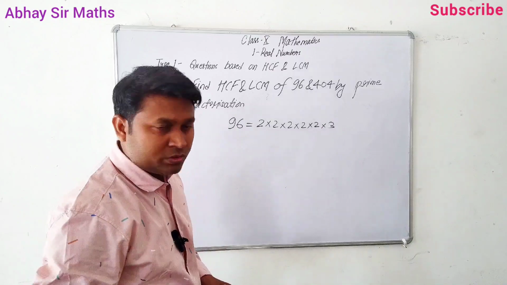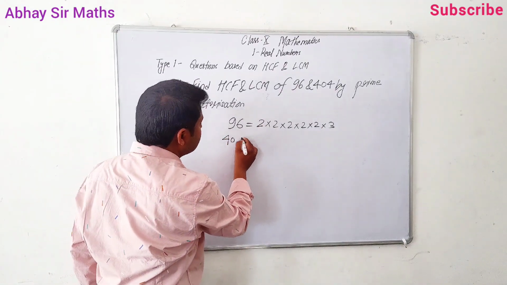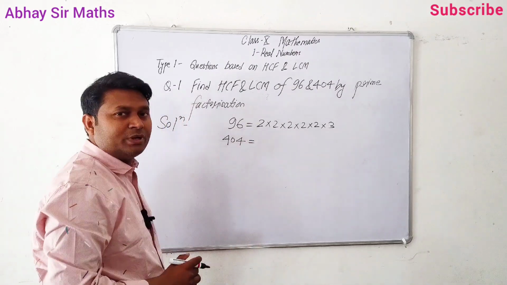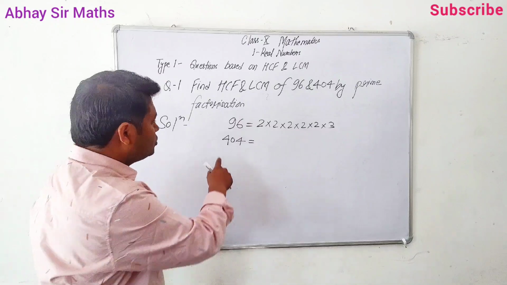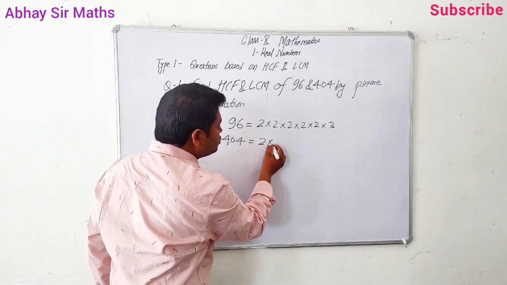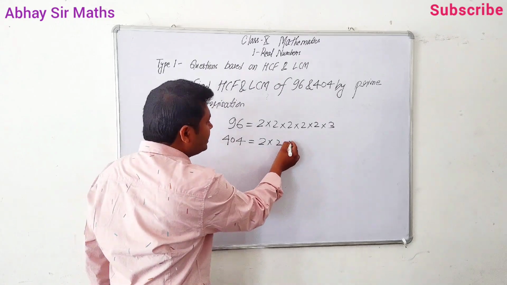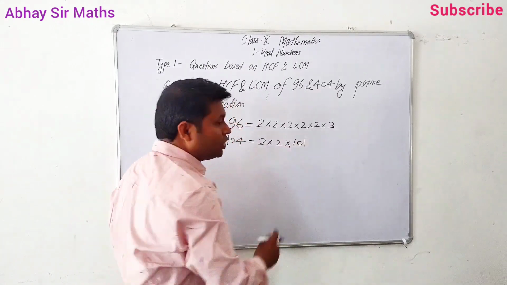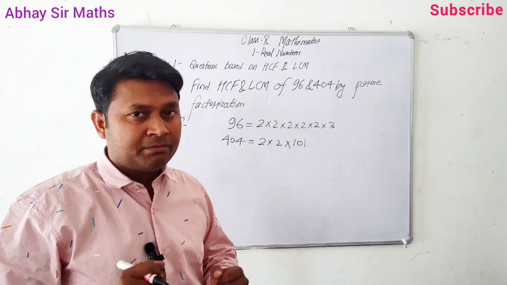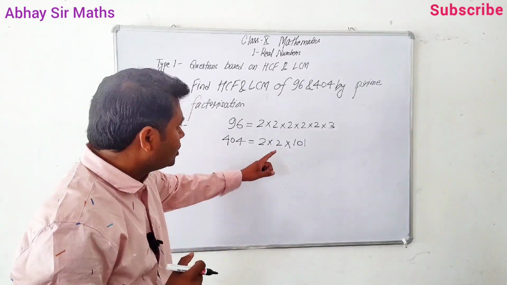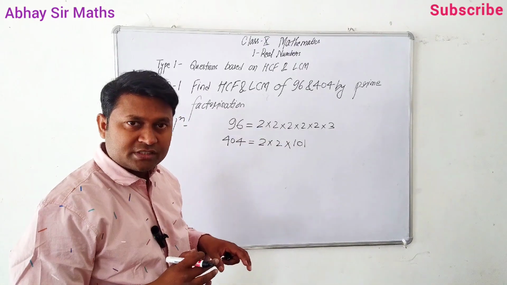Okay, now the next one is 404. As you can see, 404 is divisible by 4, and 4 is 2 into 2. Now if you divide 404 by 4, you will get 101, which is a prime number. Alright, so now these are the prime factors.